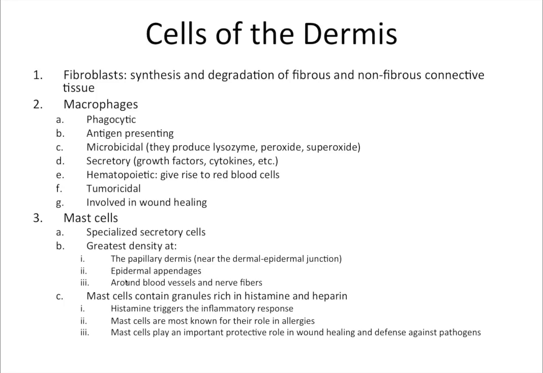And likewise, you will find them around blood vessels and nerve fibers as well. Mast cells are infamous for the role that they play in allergies. Essentially they produce histamine, which triggers the inflammatory response. And that's what happens when you have allergies and things.